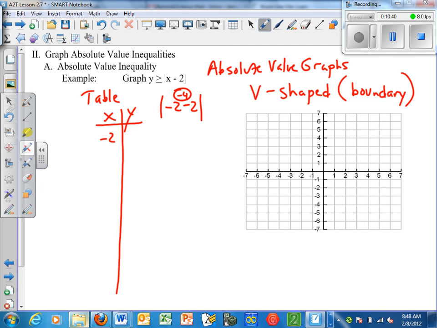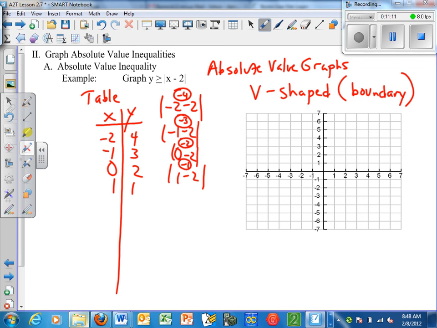The absolute value of -4 is 4. If I plug -1 in, -1 minus 2 is -3. Absolute value of -3 is 3. If I plug 0 in, 0 minus 2 inside absolute value is absolute value of -2, which is 2. If I plug 1 in, absolute value of 1 minus 2 is -1, absolute value is 1.